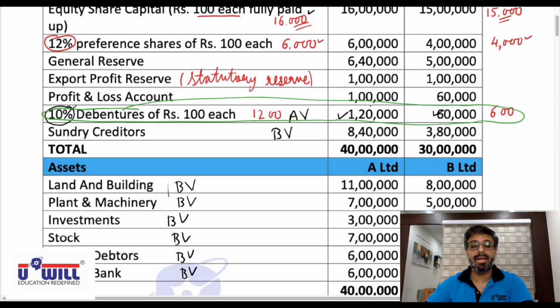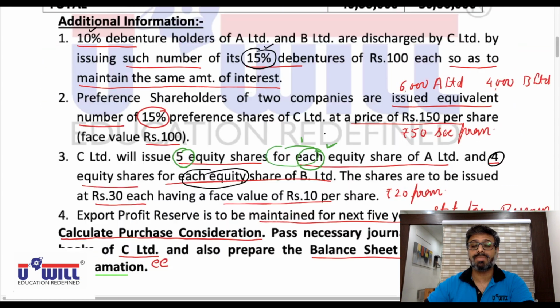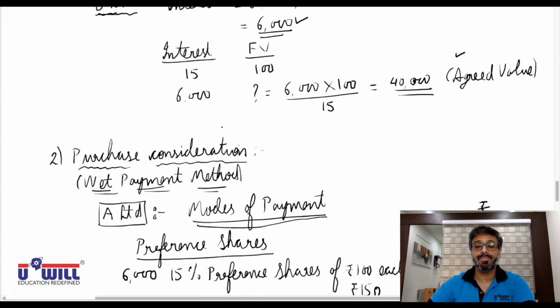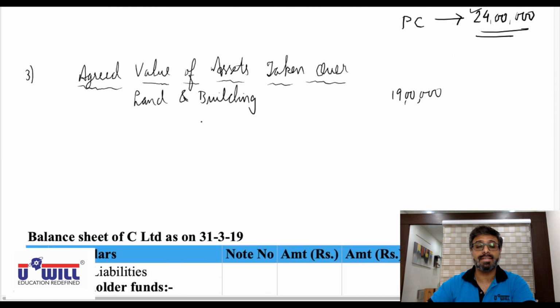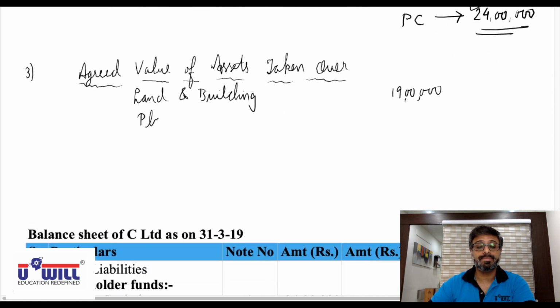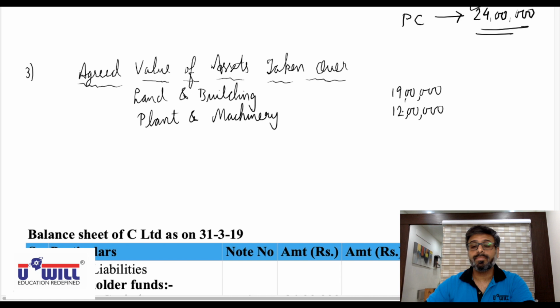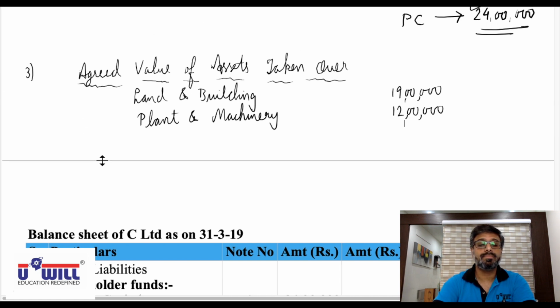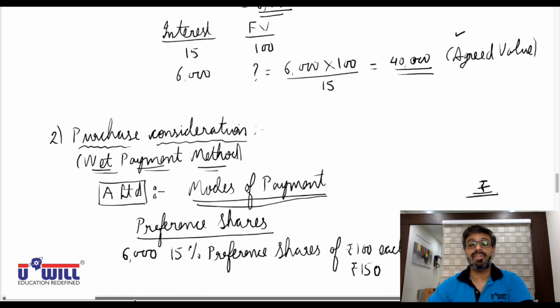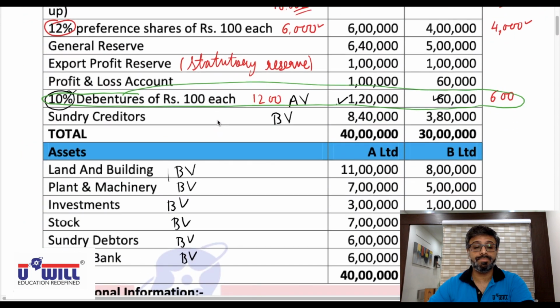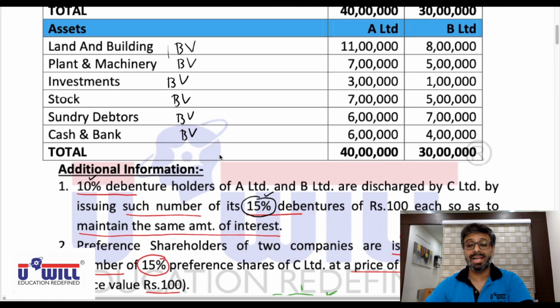Then after land and building, we have plant and machinery, 7 lakhs plus 5 lakhs, 12 lakhs. Then investments, 3 lakhs plus 1 lakh, 4 lakhs.